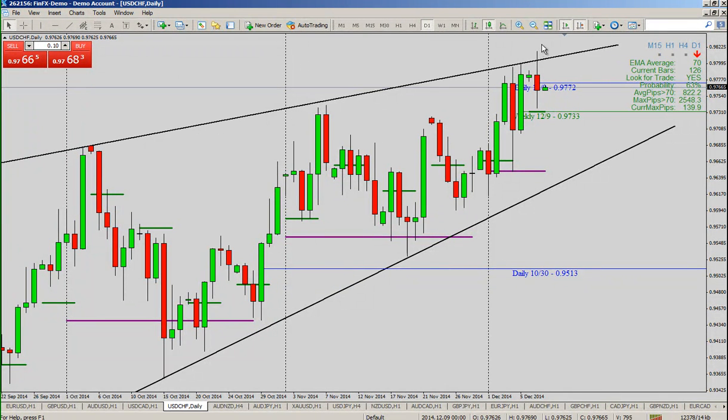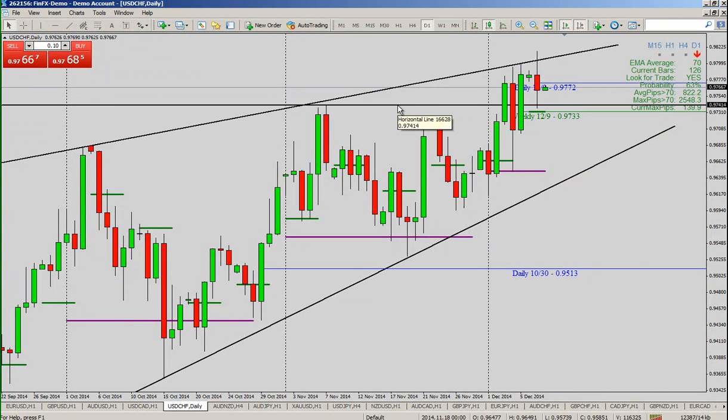It ran up, big wick, big red candle, and now it's just going sideways and hanging in there and doing whatever it needs to do before the next leg of movement comes on. Definitely this 97.50 area is worth keeping an eye on, and we're not super far away from that.